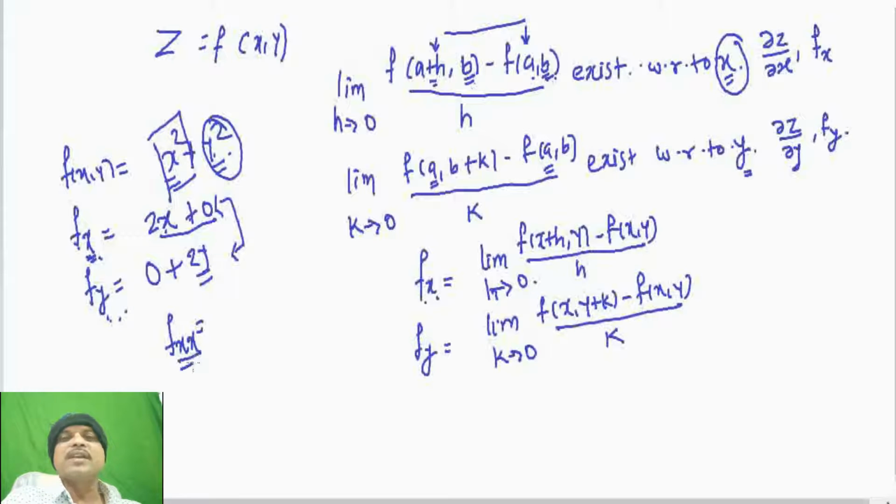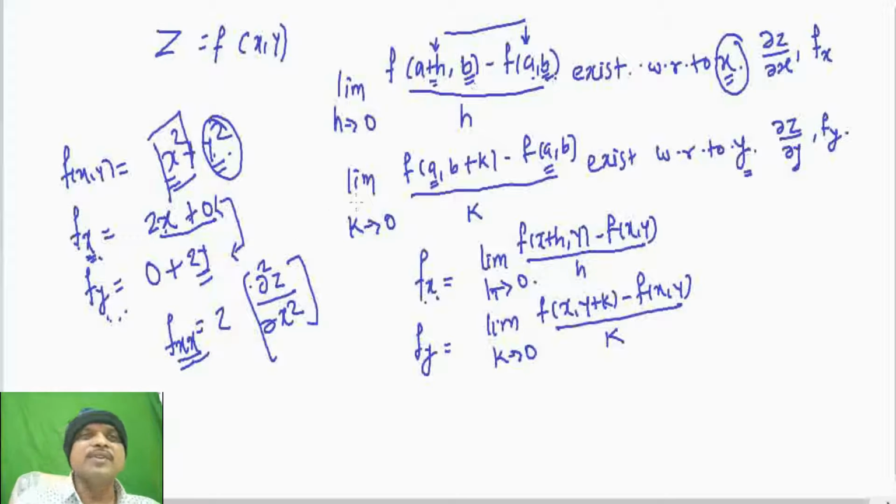So this is the second derivative, and we can calculate it, and we get here 2. This is the symbol used for the second derivative: delta 2z divided by delta x square, the partial derivative with respect to x, and it is a second derivative.